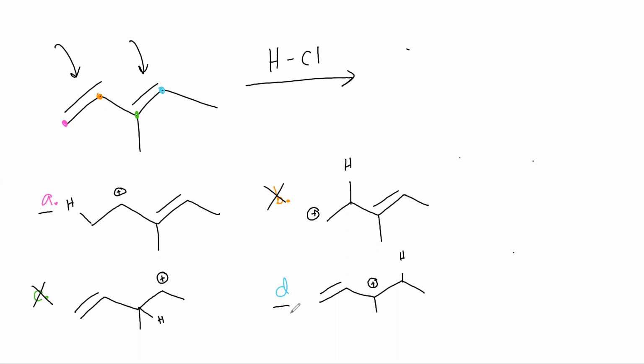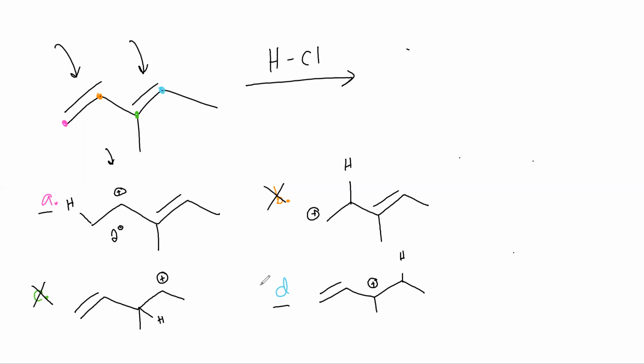And the way we do that is we use the same rules as before. So we know that they're both allylic, so they're both pretty stable. So next we say, okay, where is that positive charge? What type of carbon is that positive charge on? For the carbon A, where we add the hydrogen to, this is a secondary allylic carbocation.